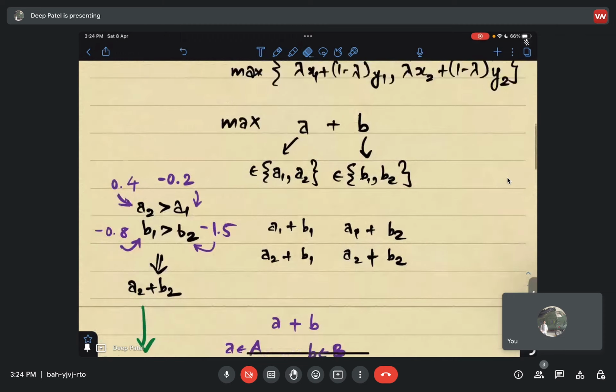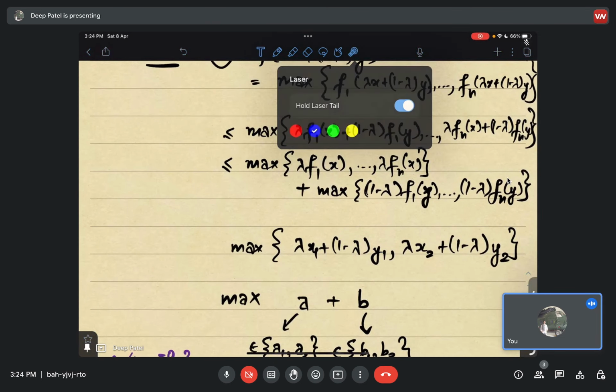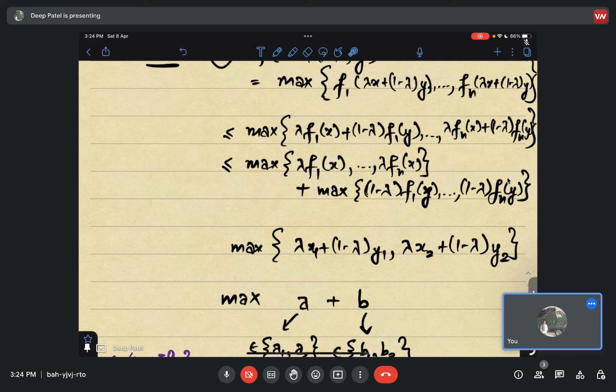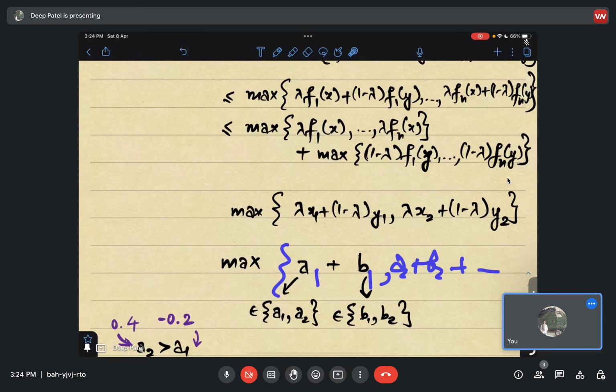Okay. Got it now. So what I meant was this. You have a bunch of terms that are being summed, and then you're taking max over that. I'm just saying in each of these summations, think of this as max of a1 plus b1, a2 plus b2, and so on.